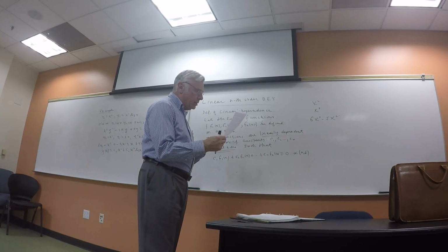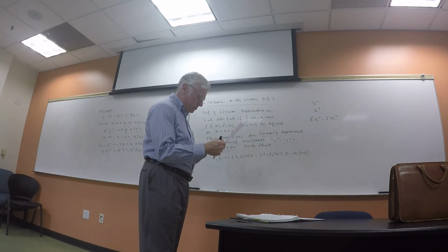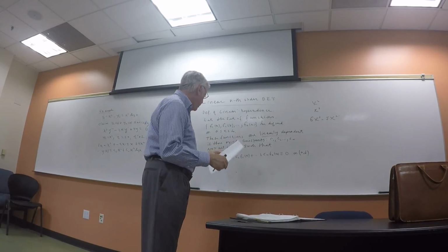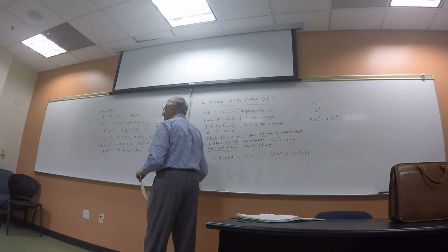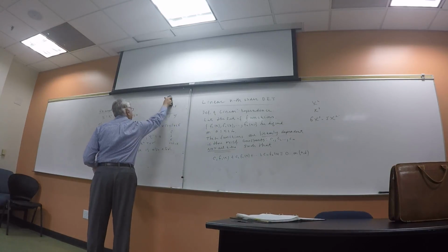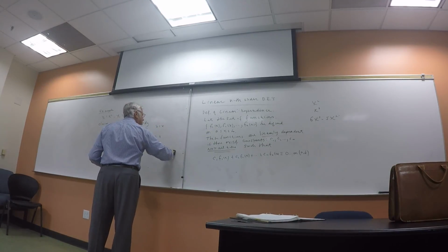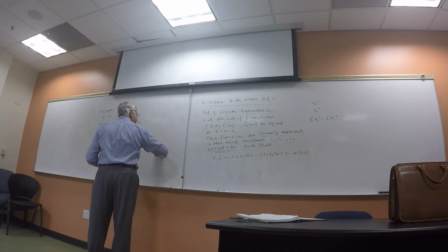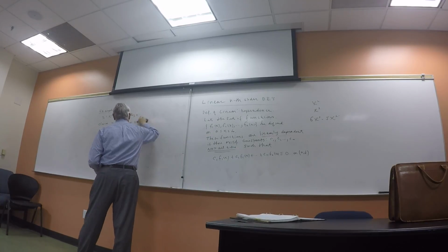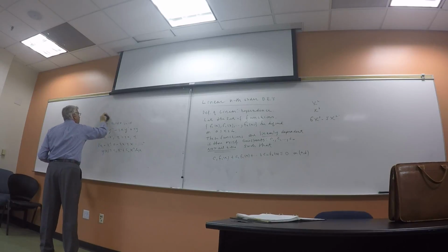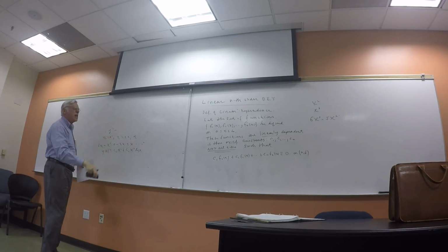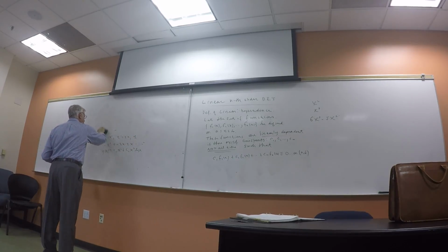Let me give you an example. The book talks about this special case. Since we deal with second order equations, let's degenerate this to n equal to 2 and see what happens.